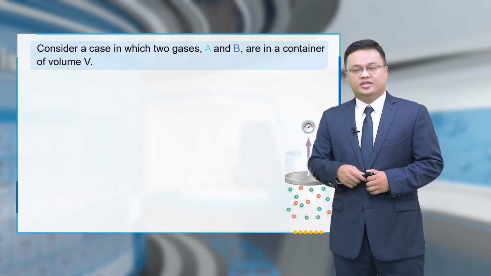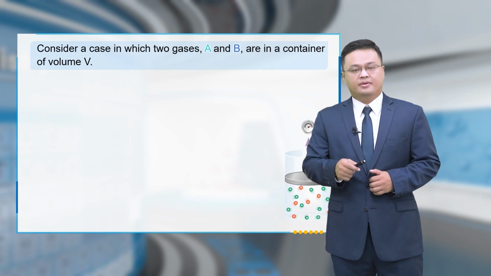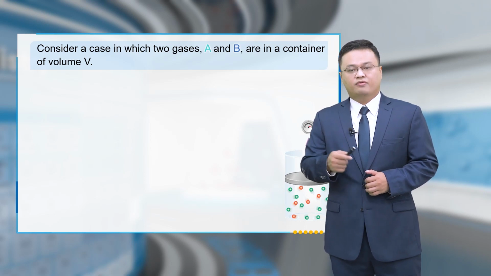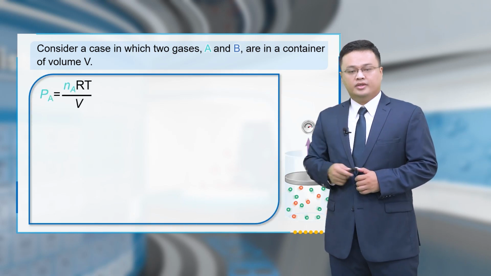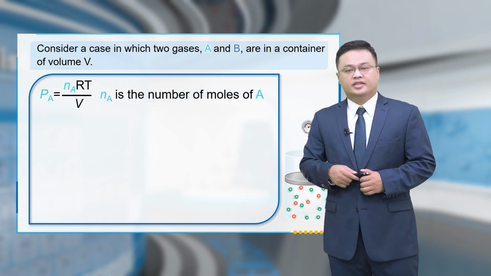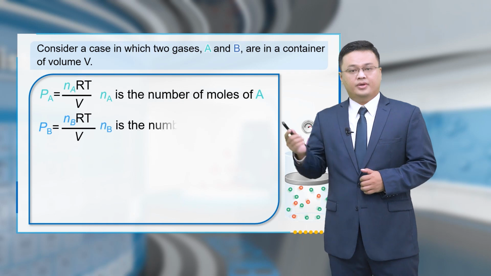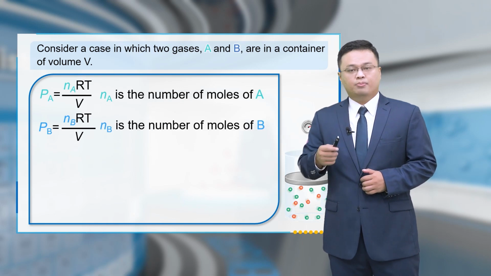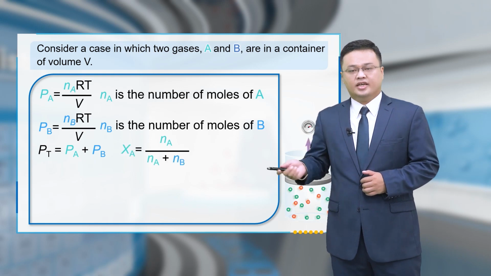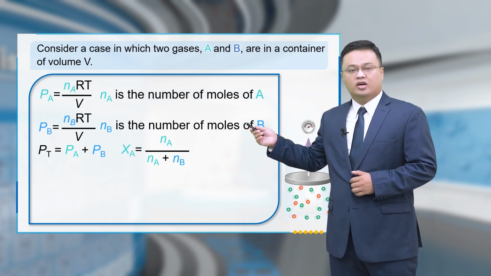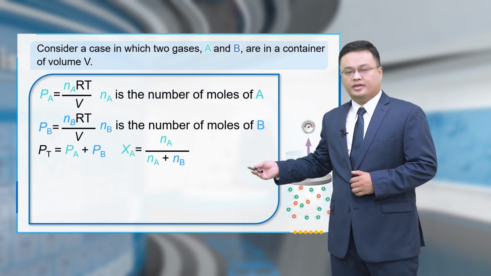Let's consider a case in which two gases, A and B, are in a container of volume V. Then P_A equals n_A RT over V. n_A is the number of moles of A, and the same for B. The total pressure equals P_A plus P_B. The mole fraction X_A equals n_A over n_A plus n_B.